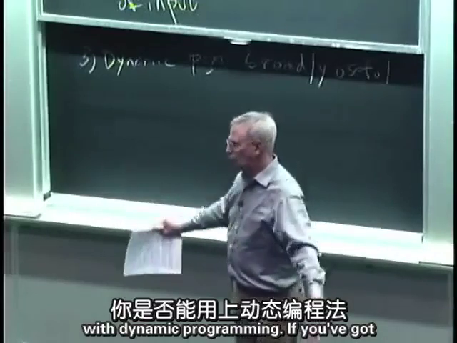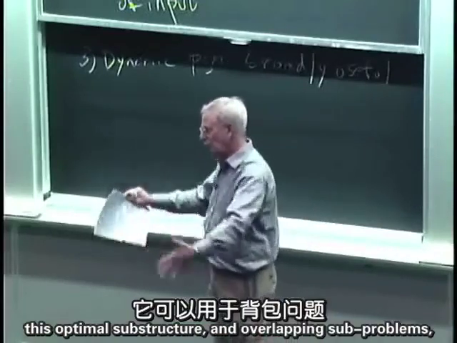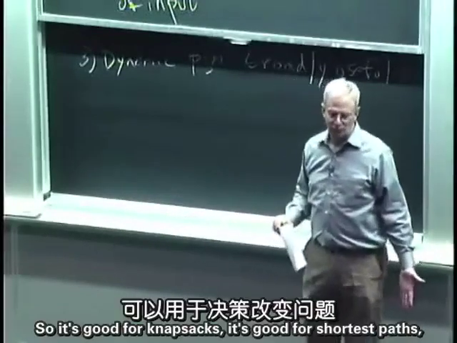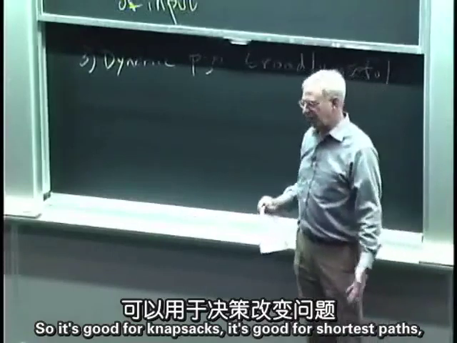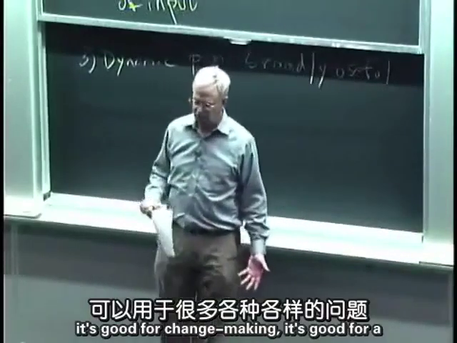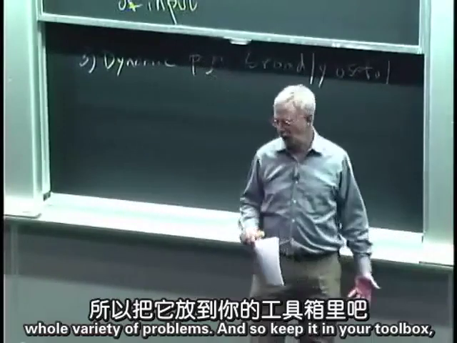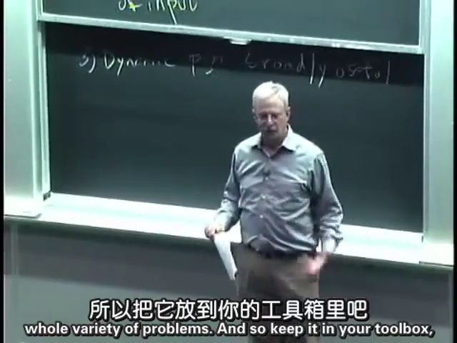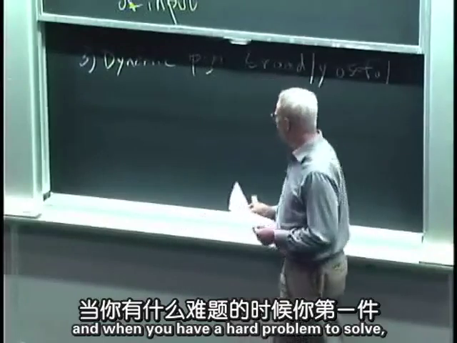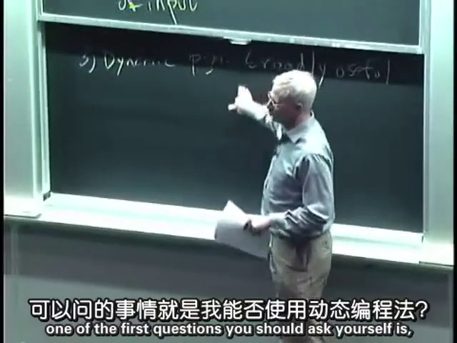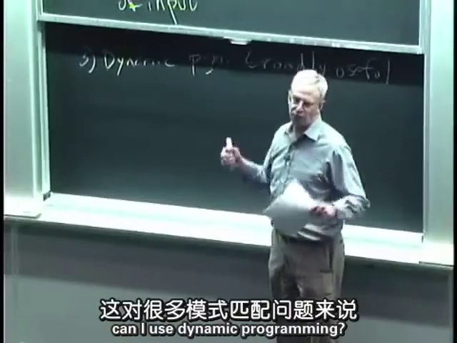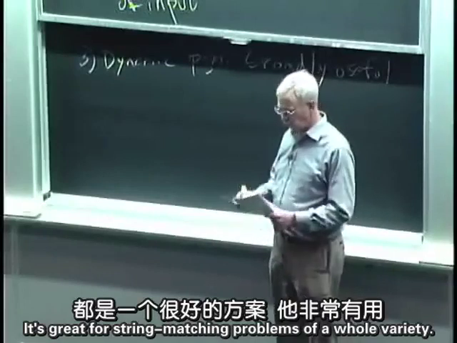If you've got this optimal substructure and overlapping subproblems, you can use dynamic programming. So it's good for knapsacks. It's good for shortest paths. It's good for change making. It's good for a whole variety of problems. And so keep it in your toolbox. And when you have a hard problem to solve, one of the first questions you should ask yourself is, can I use dynamic programming? It's great for string matching problems of a whole variety.